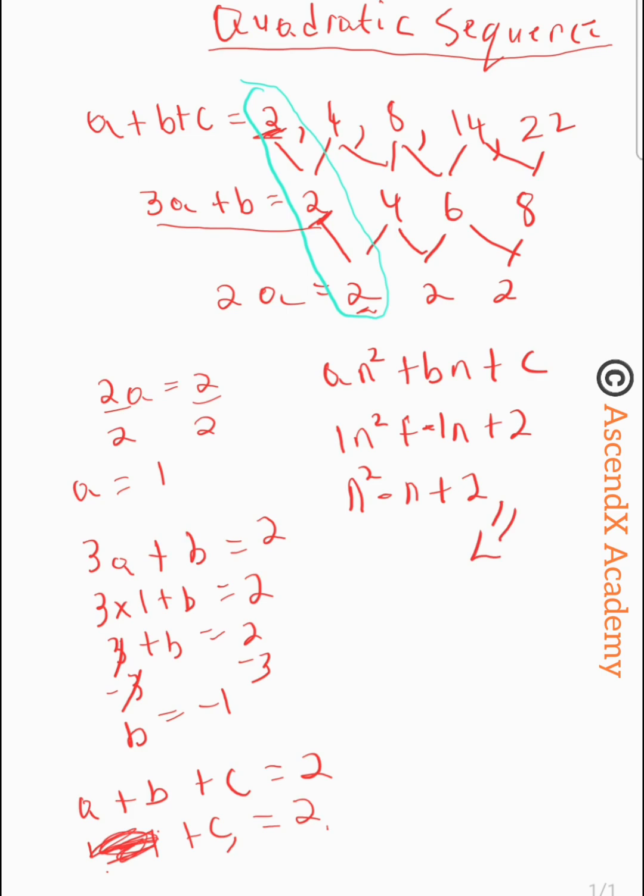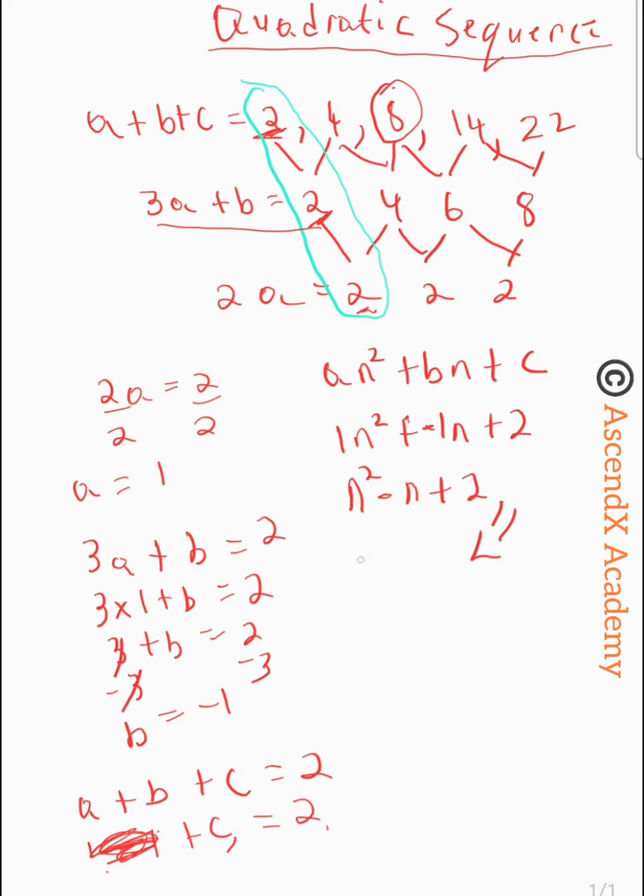Okay, now we can test whether we are correct. So maybe let's try the third term here. Our third term of the sequence is 8. So let's substitute n with 3 on our equation, so that we can find if we'll get 8.